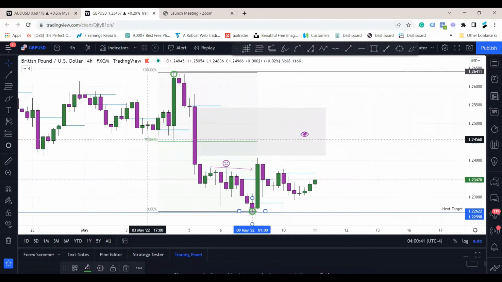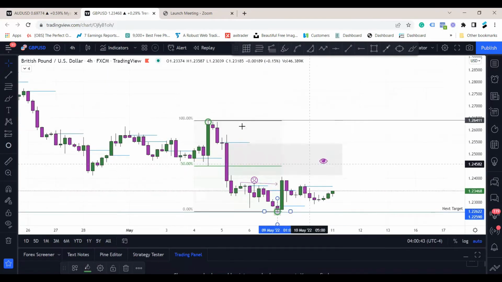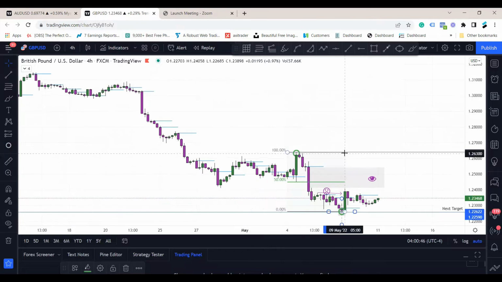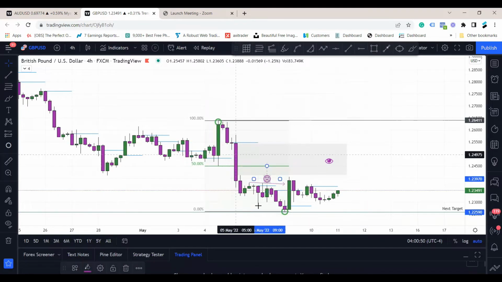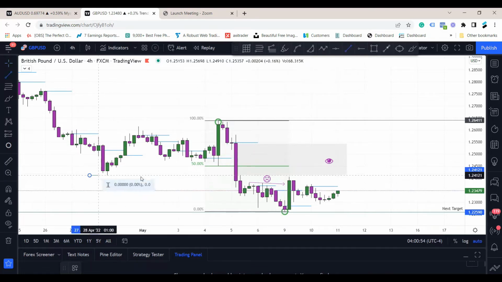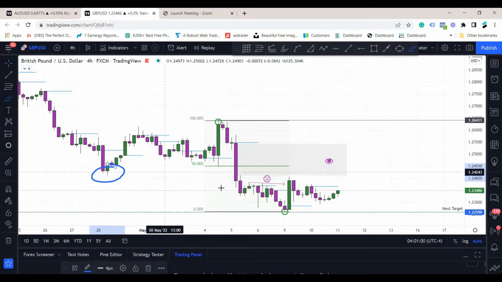I see that the price is bearish. I can see clearly that the overall trend is bearish. If it is bearish, we also see there's a break of structure low here, and price made a lower low.